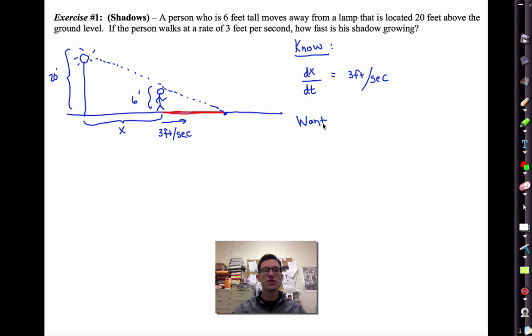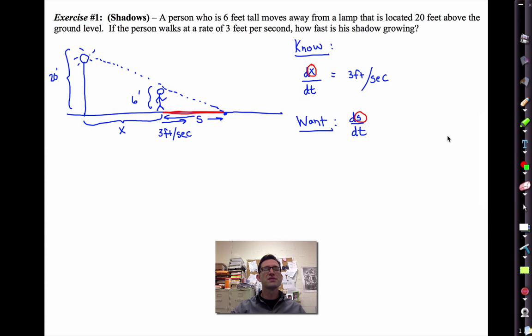That one's actually easier to figure out, right? We want to know how fast his shadow is growing. So we want to know this. If we take this length, sorry about this arrow here, we want to know ds dt. So somehow we now have to relate this length to this length through something.